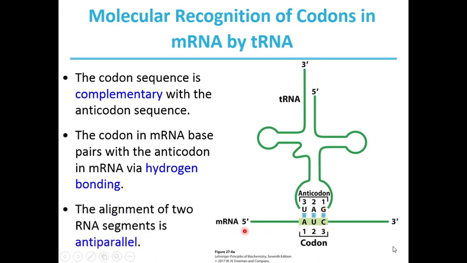The alignment of the 2 RNA segments is antiparallel, which means that if the mRNA goes from 5' to 3' and we read the codon from 5' to 3', the anticodon is read from 3' to 5', as you can see here. The anticodon in tRNA is from 3' to 5'. We always read codons from 5' to 3'. So when we talk about anticodons, the anticodon is always from 3' to 5'.